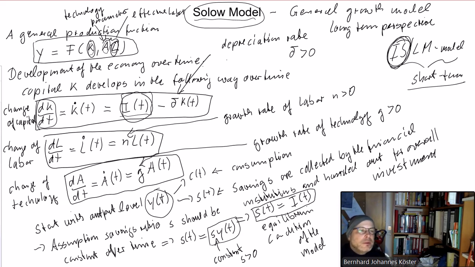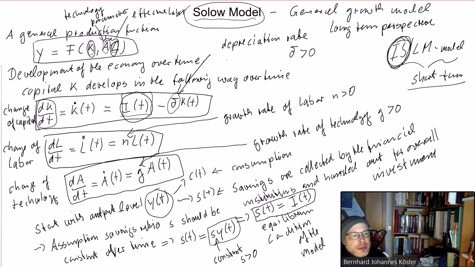And then, of course, we have to depreciate our capital stock over time. This is done in this model with a constant depreciation rate delta.